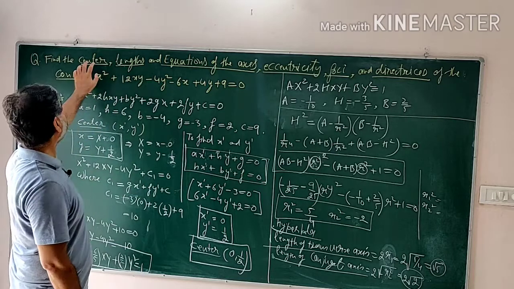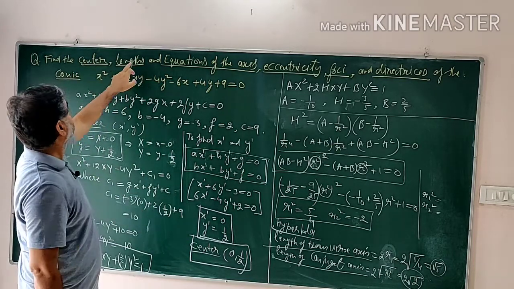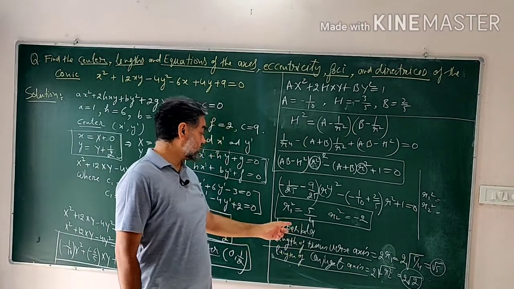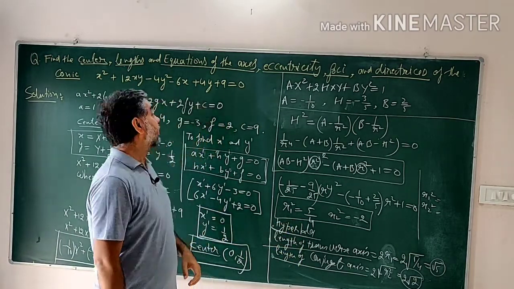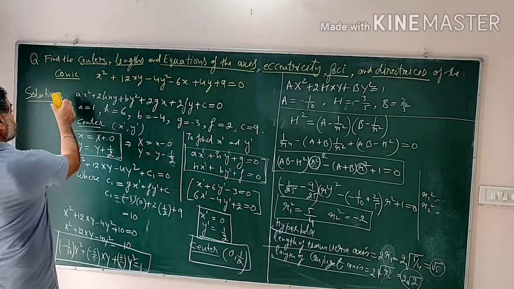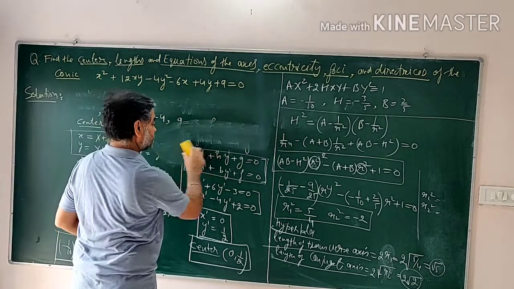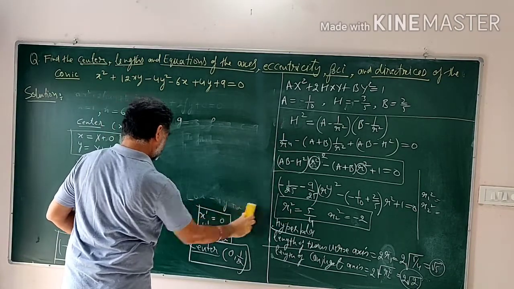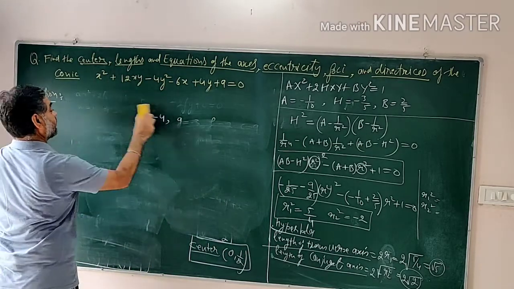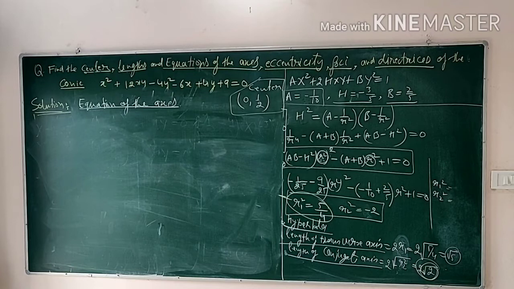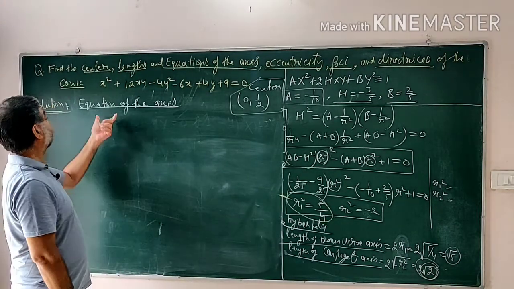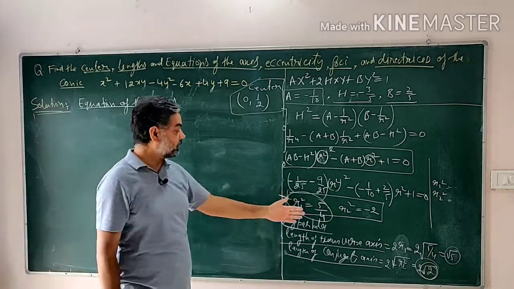Now we have found the center and the lengths of the transverse axis and conjugate axis because it is a hyperbola, and now we will find the equations of the axes.